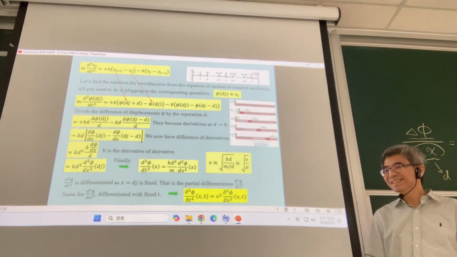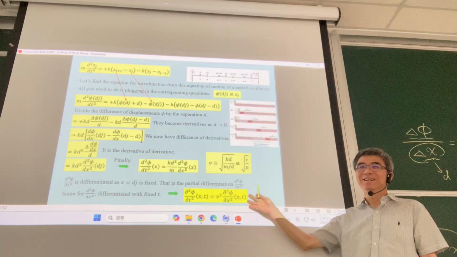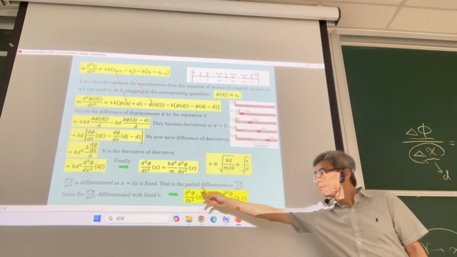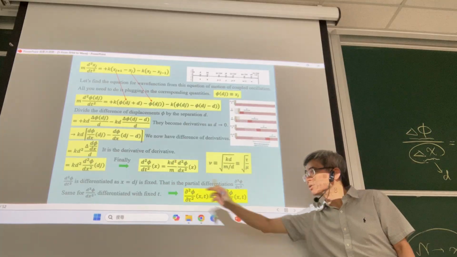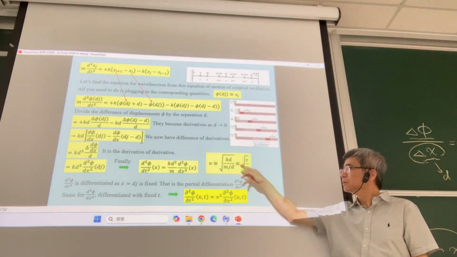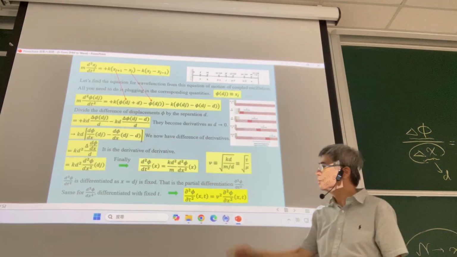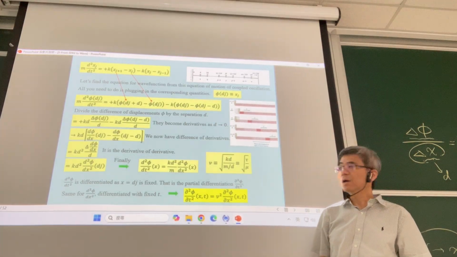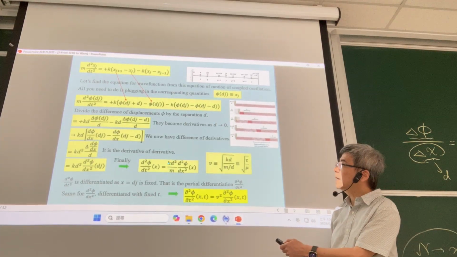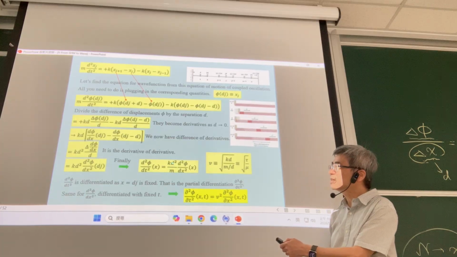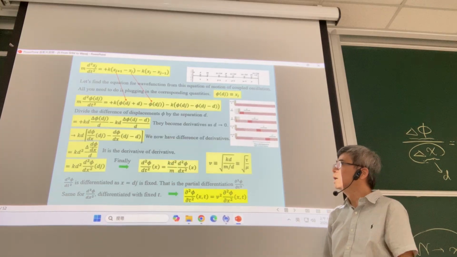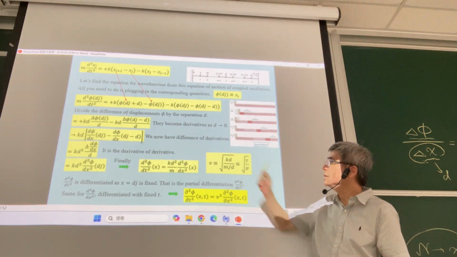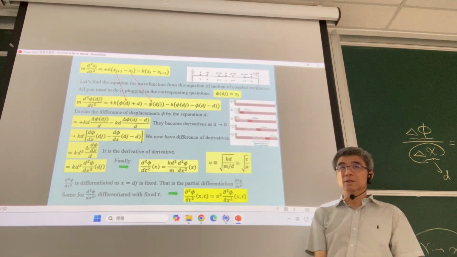Okay, so ladies and gentlemen, now finally the correct form of wave equation. Partial square phi partial t squared equals this constant times partial square phi partial x squared. Okay, and this constant kd squared over m, usually we prefer to write it in terms of kd over m over d.